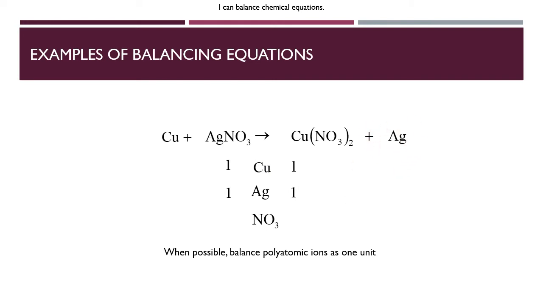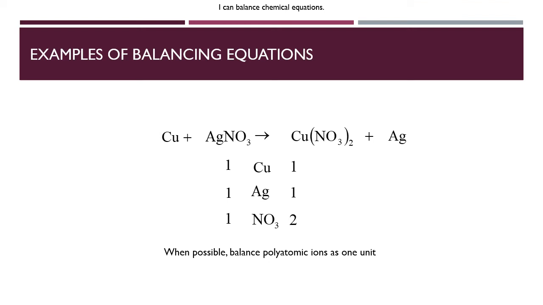Now here's where we can balance this polyatomic ion as a unit. Instead of saying I have 1 nitrogen and 3 oxygen atoms, I look at this, and in that whole thing, I see there's just 1 nitrate ion. Again, NO3 is 1 ion. I'm going to balance it as such. And on the right, because of the parentheses and the subscript 2 here, I can see we have 2 nitrate ions on the right. So this will make it a lot easier to balance.